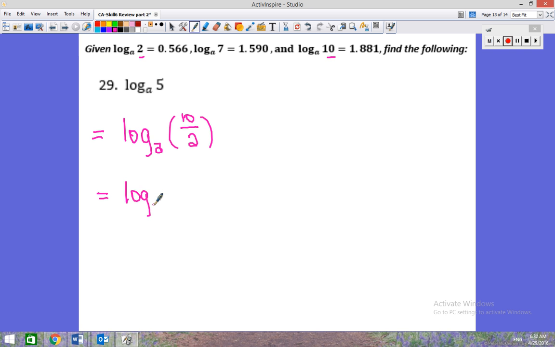So this is the log of the numerator minus the log of the denominator.